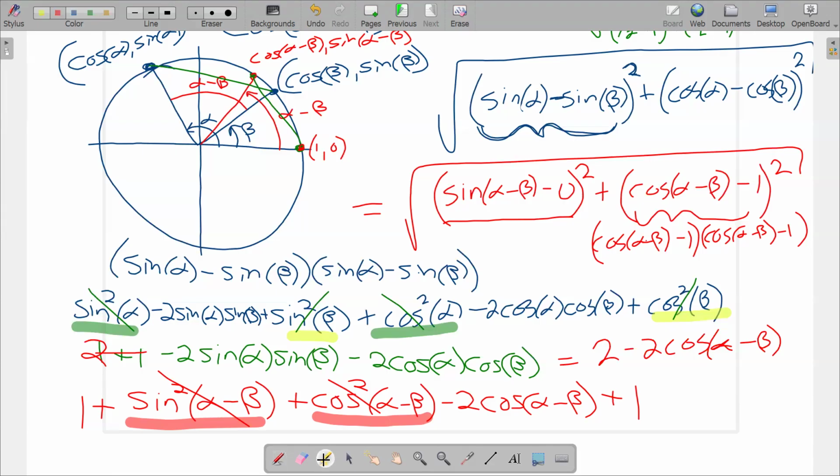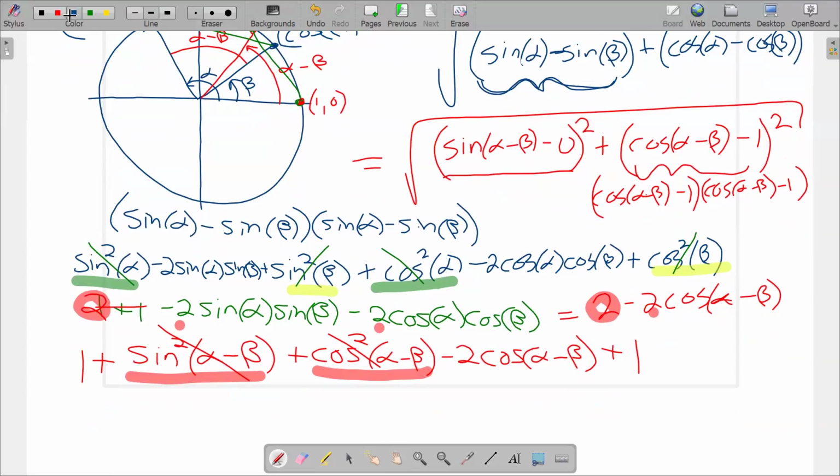So just note, I have a plus 2 over here. I have a plus 2 over here. Those are going to subtract off. Otherwise, I can divide everything by -2. Right? -2 times, -2 times, -2 times. All right, here's what I think is left.